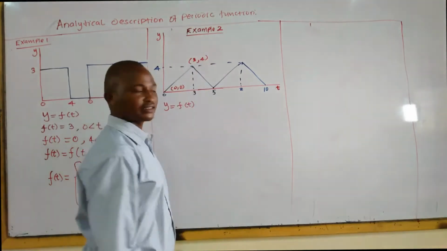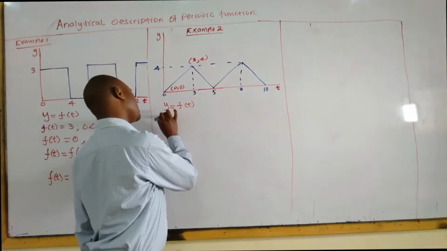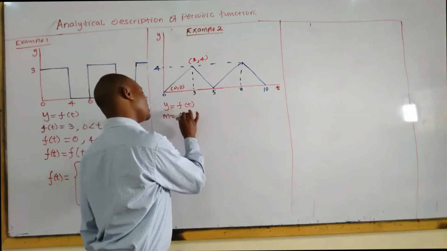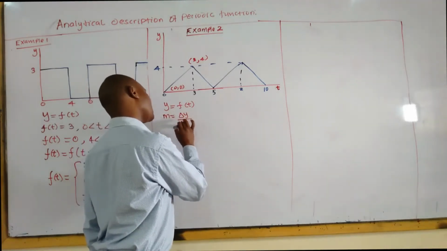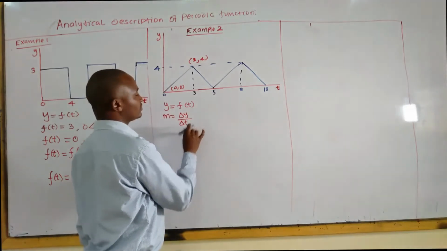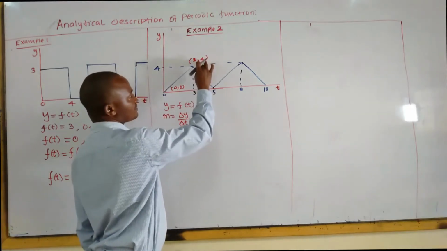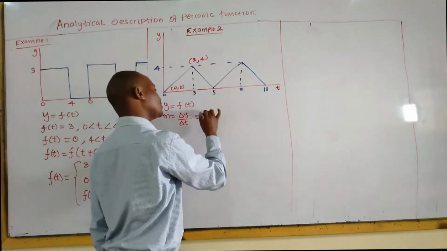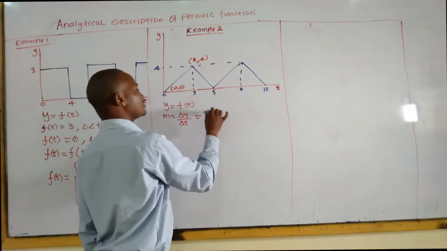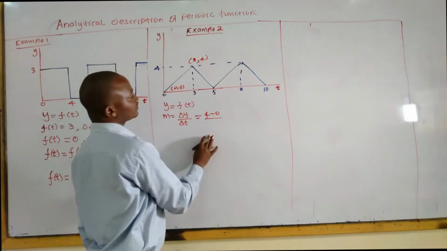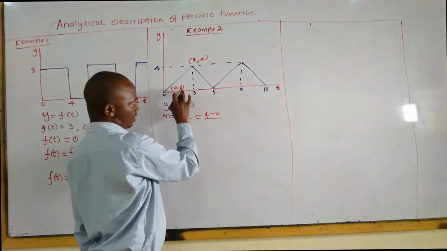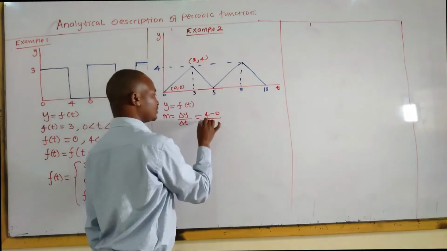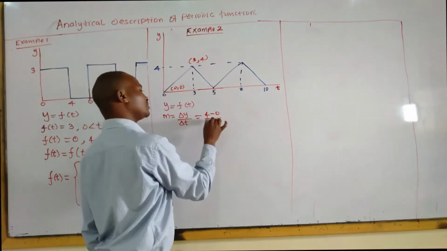We can get the gradient. M is equal to change in y over change in t. Let us take the origin as our first point. Here y is 4 minus, here y is 0, over here t is 3, here t is equal to 0.